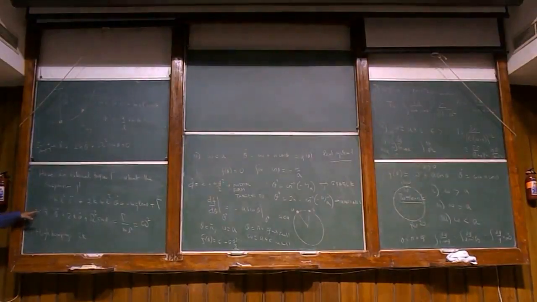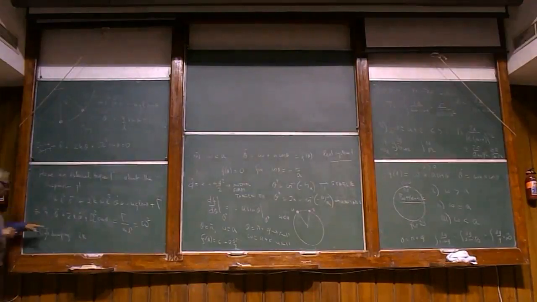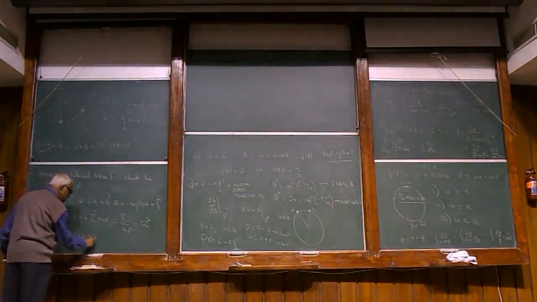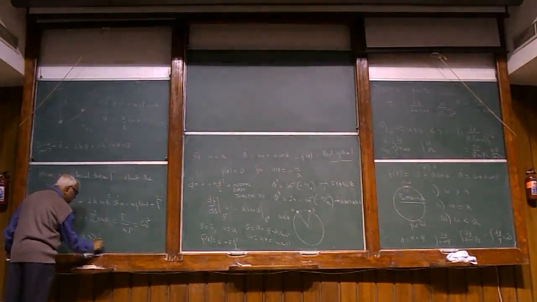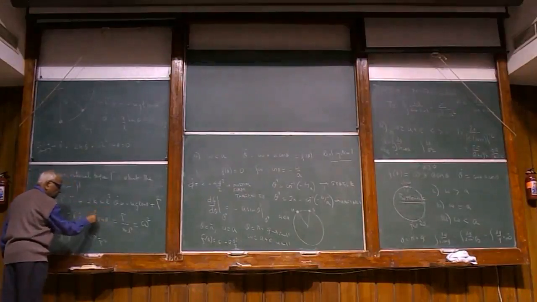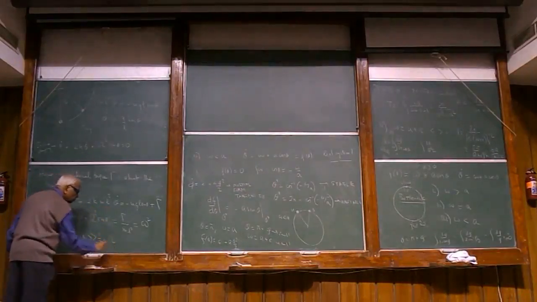So this 2k over t has got to be much larger than 1 over t square. So 2k has to be much greater than 1 over t, which is roughly the basic frequency of the problem, which is omega.